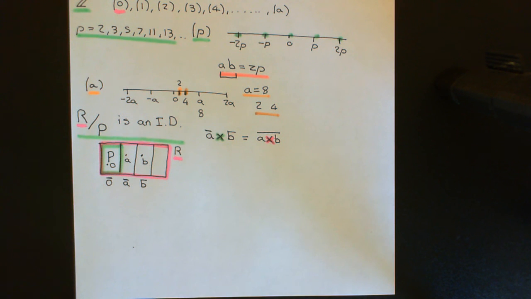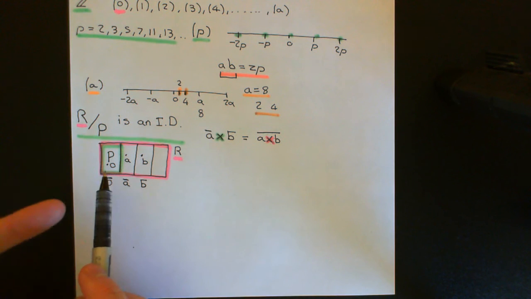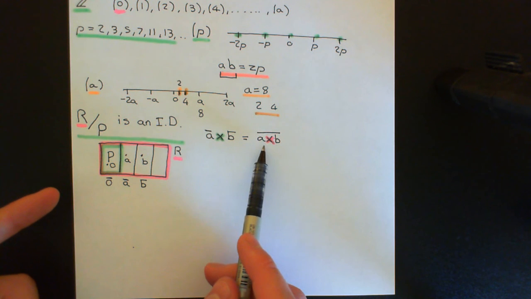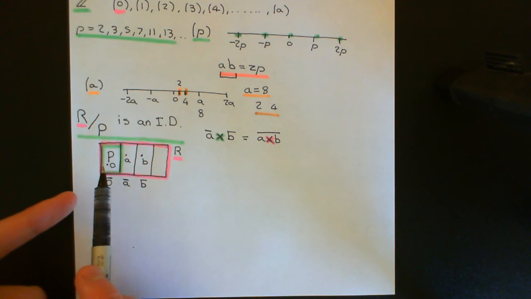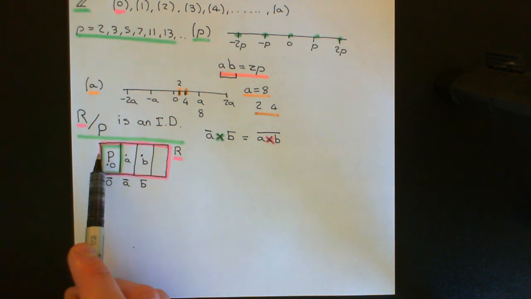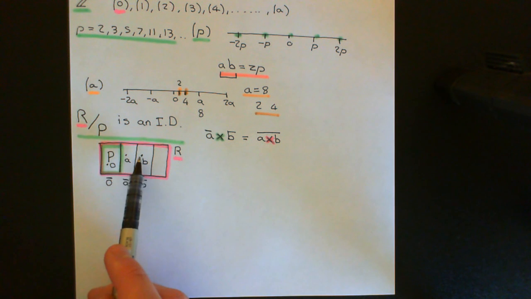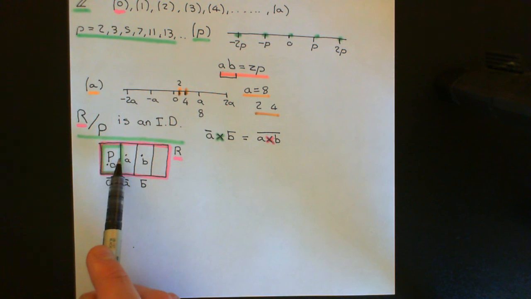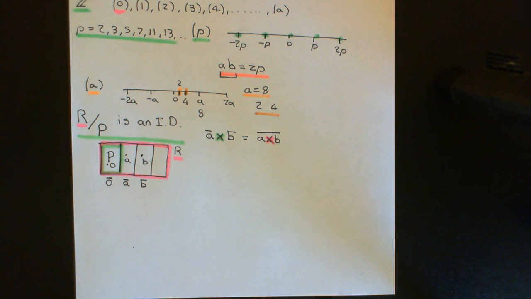Now here's the point where we use the fact that this ideal is a prime ideal, because A times B, whatever the answer is here, it cannot be in the prime ideal. And why is that? Because we know that a prime ideal is one of these ideals where if you take two elements that are outside of the prime ideal and multiply them together, you cannot get an answer that is in the prime ideal, because the only way that you can multiply two things together and get something in the prime ideal is if one or both of them are already elements of the prime ideal.